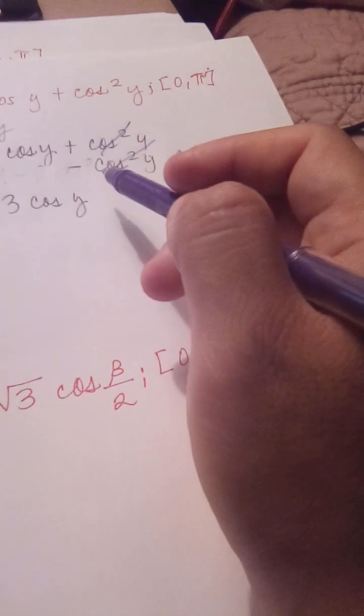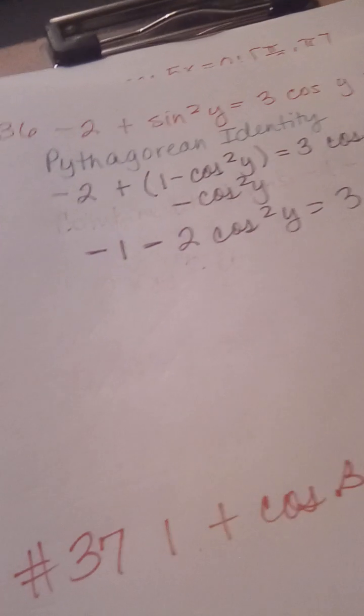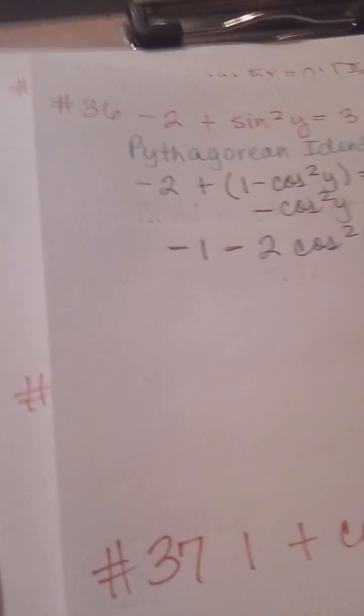The sign will change, so it'll be a positive 2 cosine square y. Wait, hold on. This looks confusing, but it's not, okay? All right, rearranging just a bit.